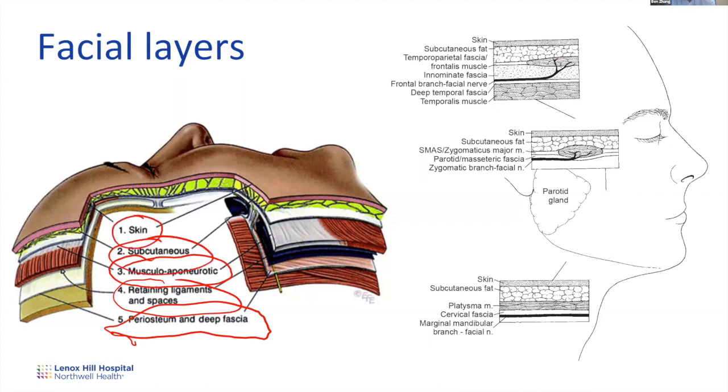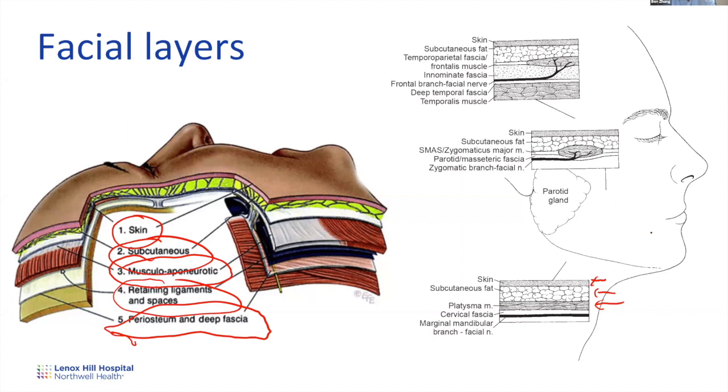So that was a very general description of the layers of the face. For a more specific description on the right, we have a more specific visualization at several points on the face. On the neck, you have skin, the subcutaneous fat, and then your platysma muscle, which is a very thin muscle in the very superficial portion of your neck.